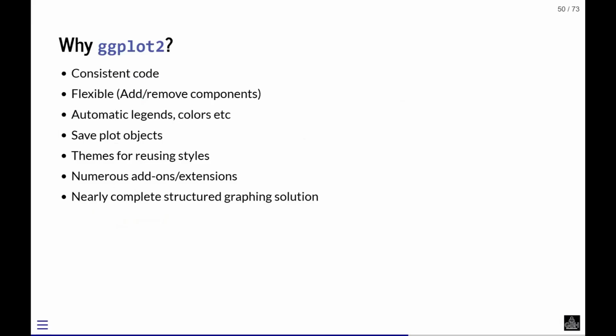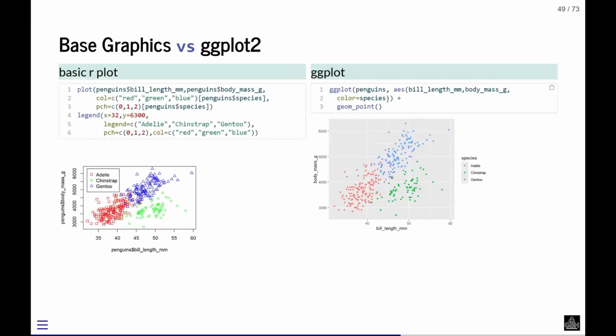So why ggplot? It's consistent code. You saw I can increase the code little by little, and it gets nicer without leaving us behind about what has happened. It's flexible. You can remove some part of it, but the only thing you remember is you add a new command with a plus at the end of the previous line.